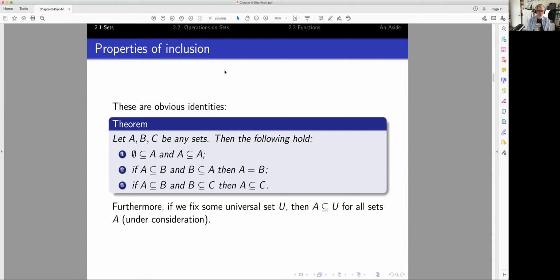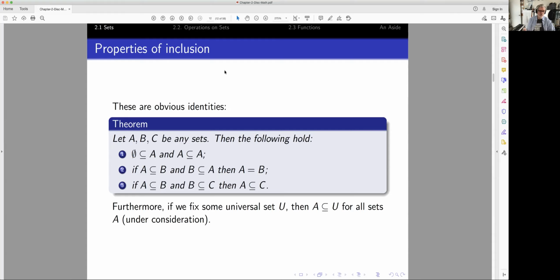The second property is the one that I mentioned, the definition of equality of sets. So if A is a subset of B and B is a subset of A, then A is equal to B. And this is really important. It seems obvious, hopefully it is, but it's very useful. The third one is also quite clear by definition.